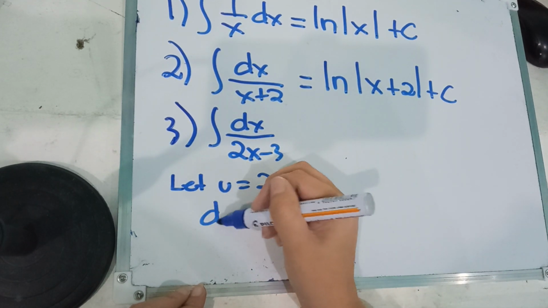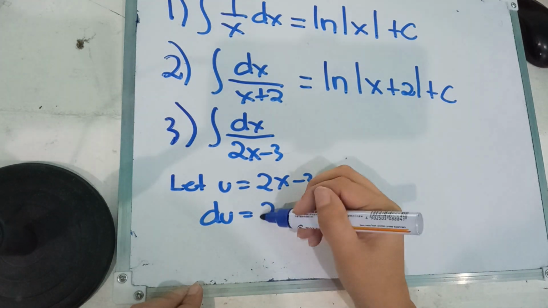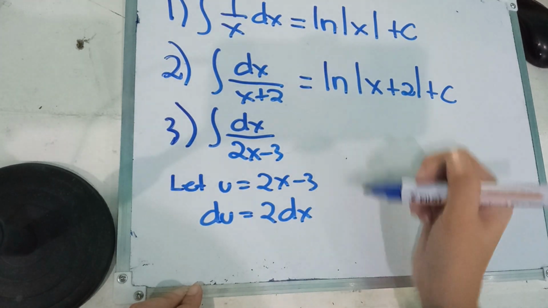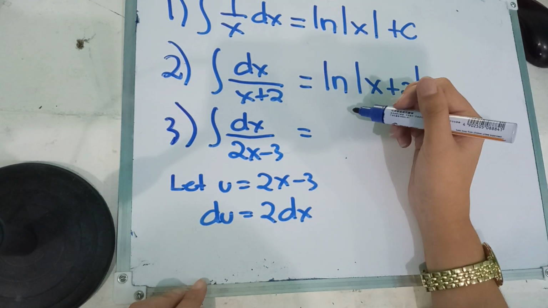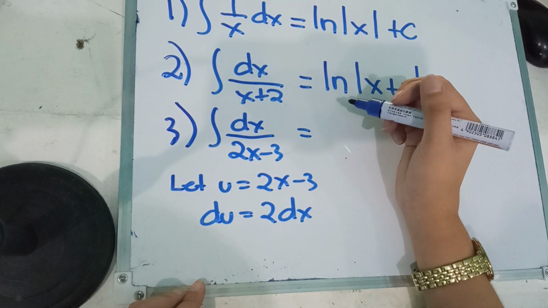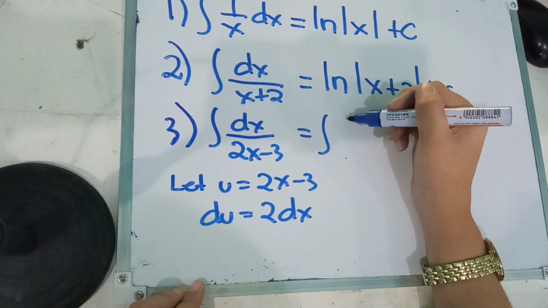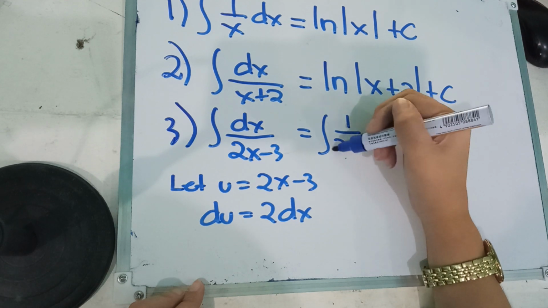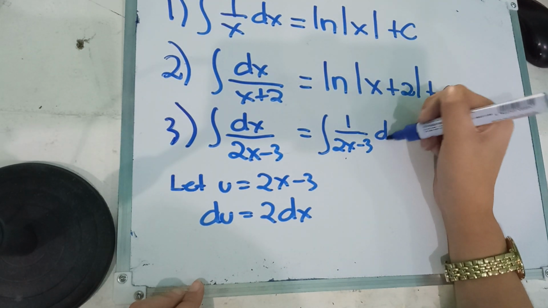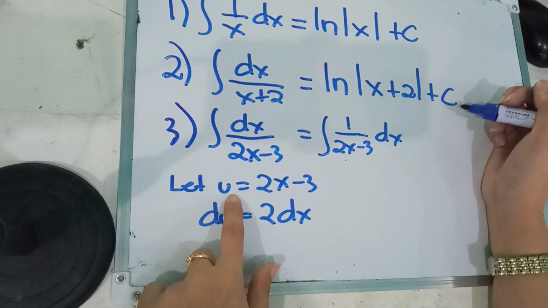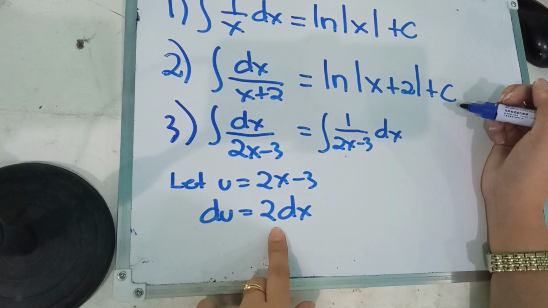Now du is the derivative of u, that will simply be 2 dx. Now going back to our function, we can rewrite that one as the integral of 1 over 2x minus 3 dx, right? Now our u is 2x minus 3, but here our du is 2 dx.